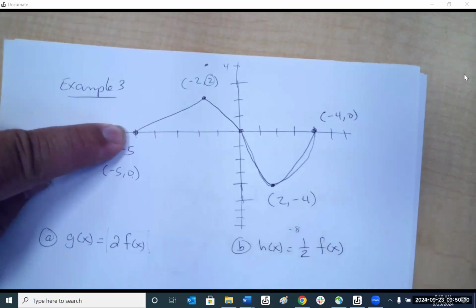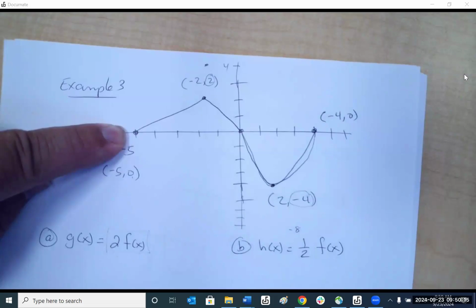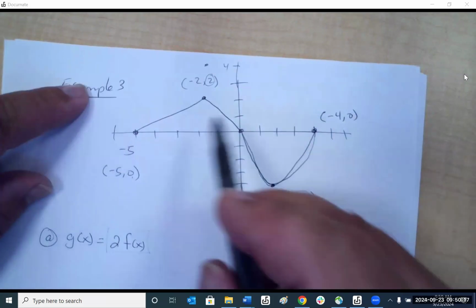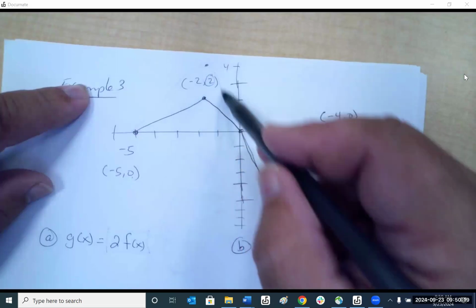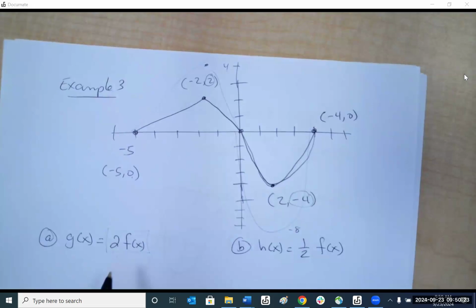Down to -8 because I multiply the y value by 2. And this one stays there. So this new graph will look like this, because all I do is multiply each of the y values by 2.